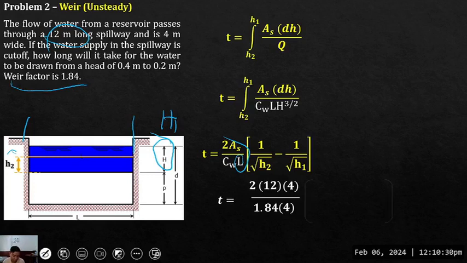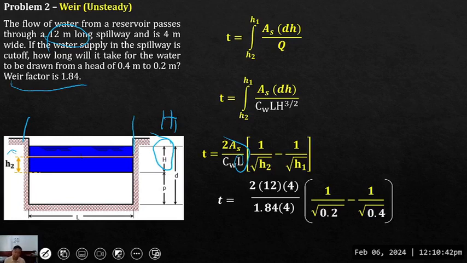Okay, times yung 1 over square root. So yung H2 natin, yun yung final na depth. So that is 0.2. And then yung H1 natin is yung initial depth, that is 0.4. Sir, parang nag-feedback yung audio nyo po. Okay, maybe it's the electric fan.